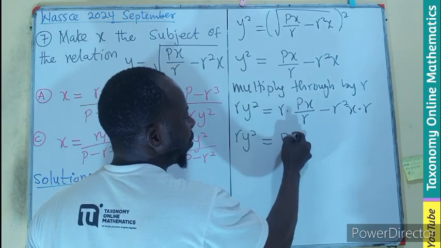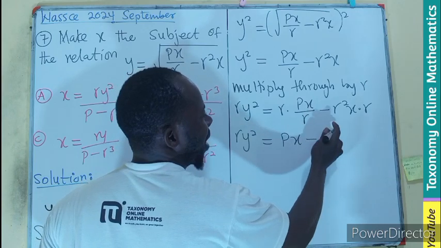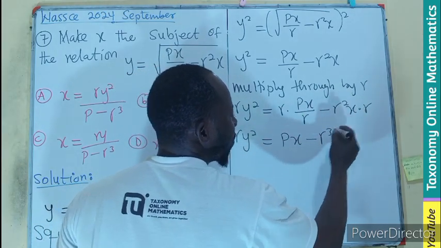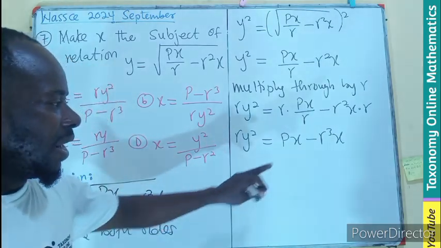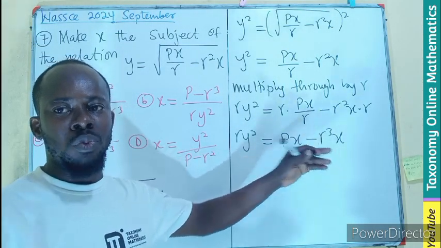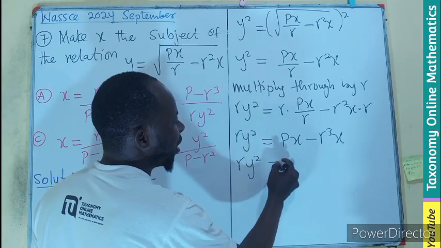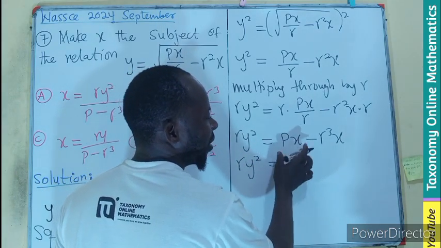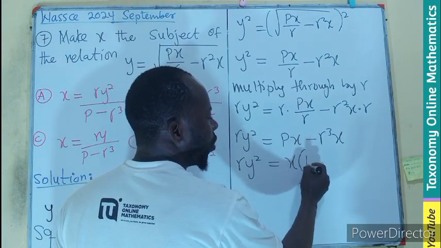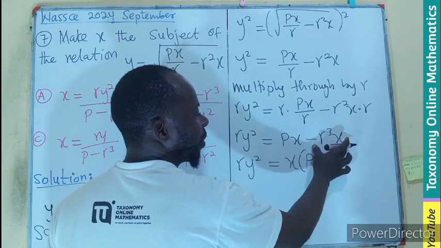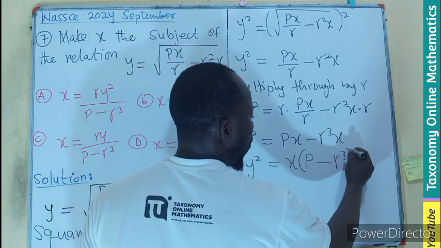So we can fast forward and get this. The r will cancel: px minus r cubed x. We can see x being common, so we factorize that. So this will give you ry squared equals x times p minus r cubed, because x dividing px gives only p, and x dividing r cubed x gives r cubed only.